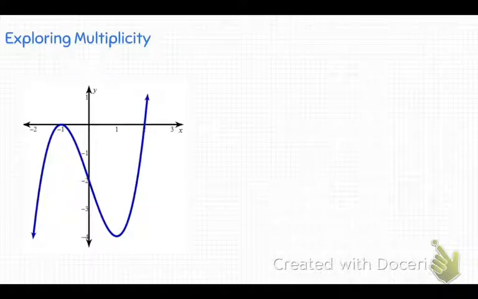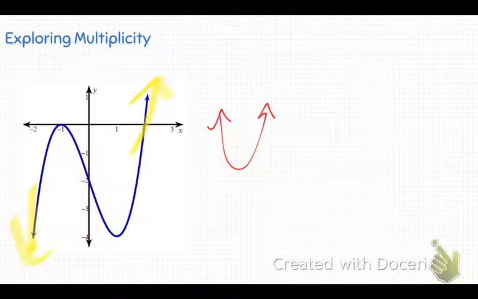So then, if it goes through the x-axis 2 times, wasn't that a quadratic? Is this a quadratic? Let's look at our ends. Is that a quadratic? Okay, so then does it go through 1 time or 2 times, or does it go through not either of those times?